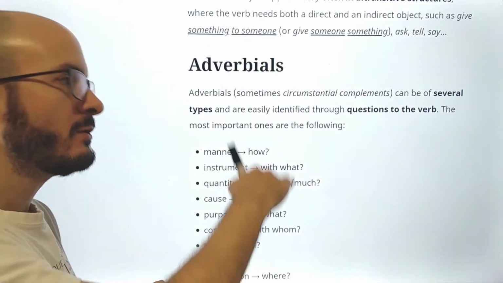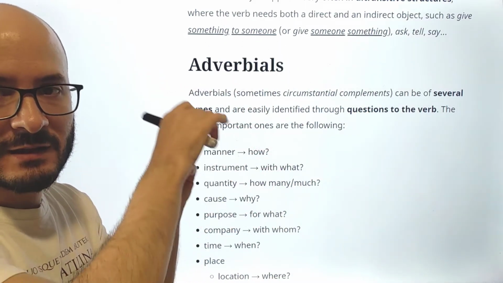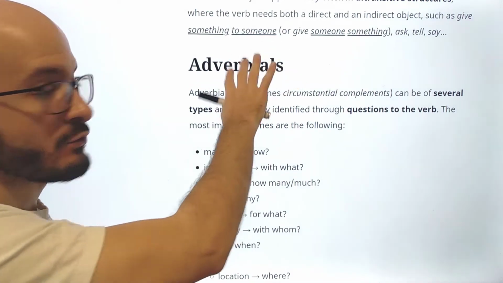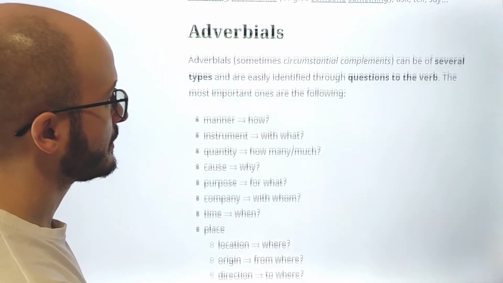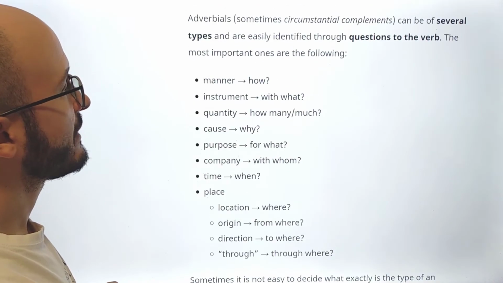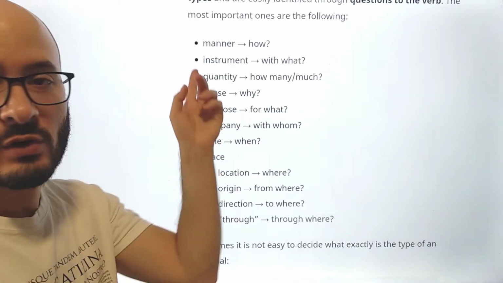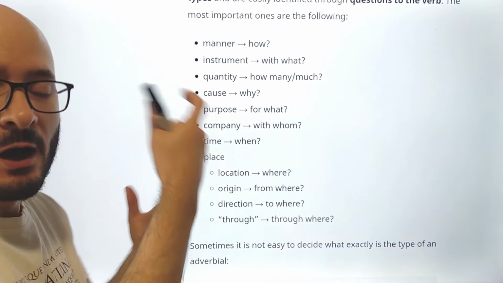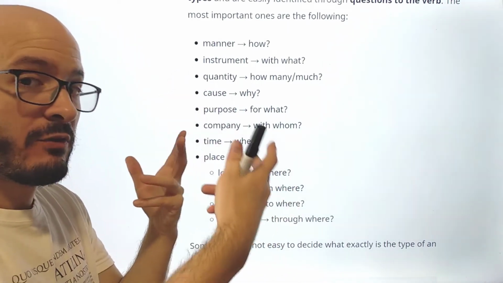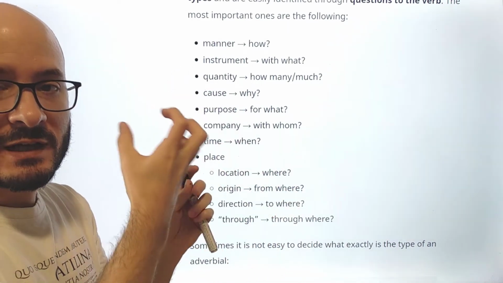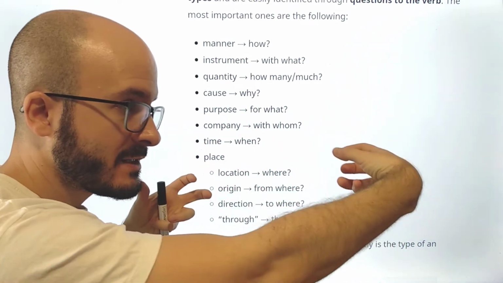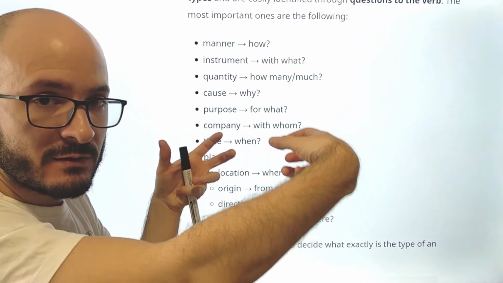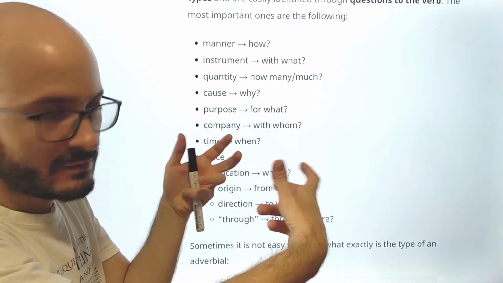So from now on, we can also ask the verb, at least for the adverbials. The most important ones are the following. I said that there are different types of adverbials. And how do we find what type of adverbial? Of course, what is an adverbial? An adverbial is a phrase with a function similar to an adverb.